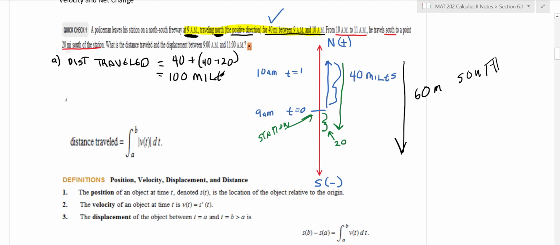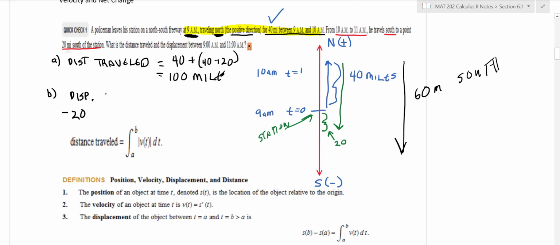Now the next thing we look at is the displacement. So we're finding the distance traveled and the displacement. Displacement is a little bit different. Displacement just means where you are in relation to the beginning. So you're actually just 20 south, so that displacement is negative 20.